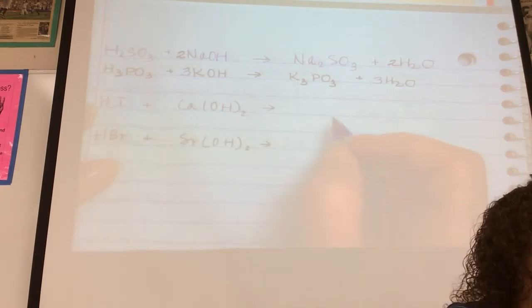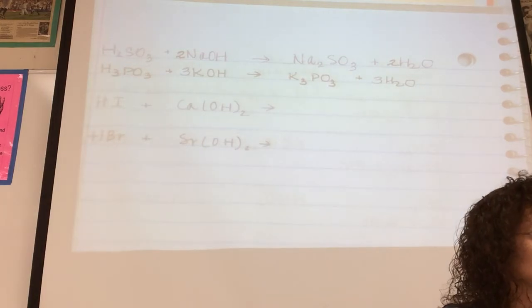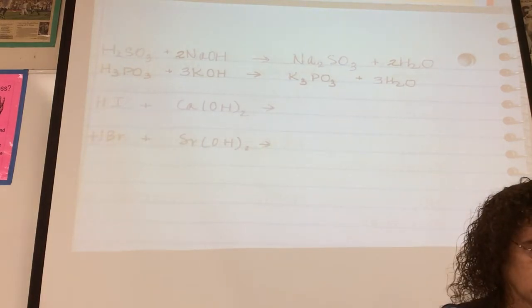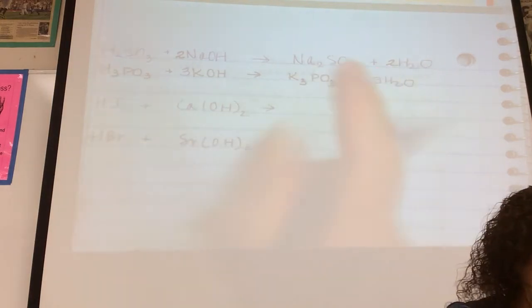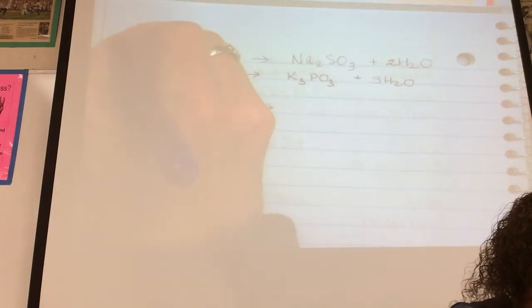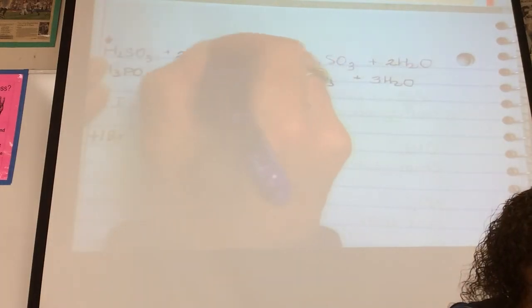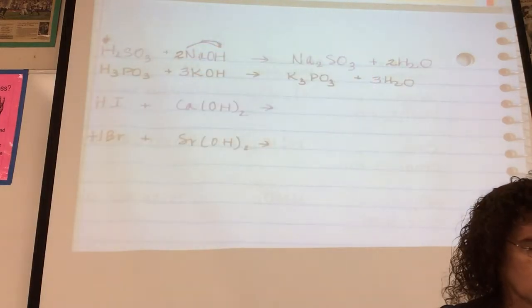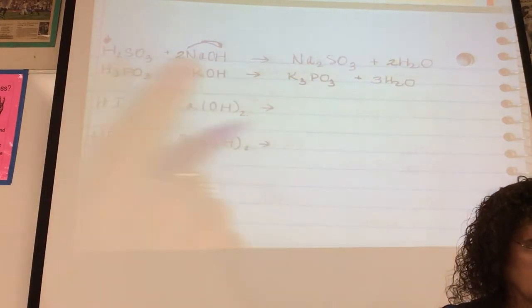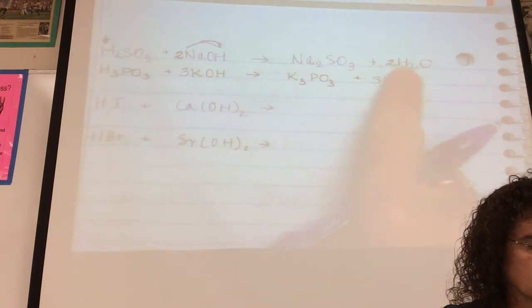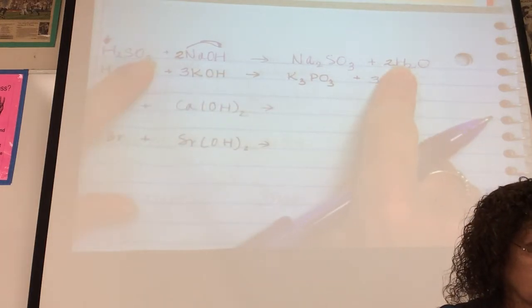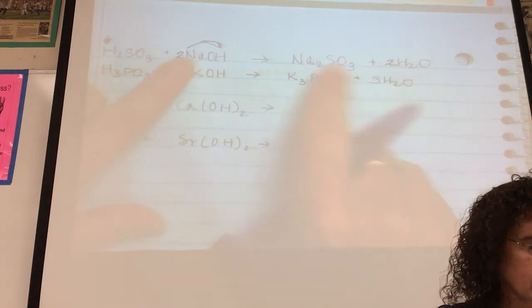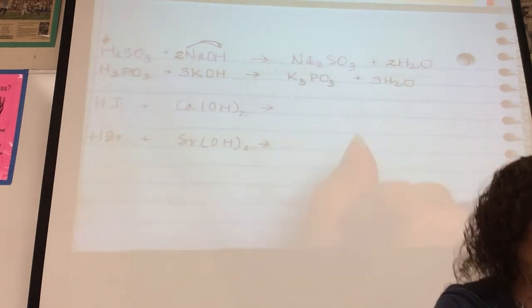Can you tell me how you got the 2 in front of the H2O? I've got 2 H's and 2 more. That makes 4 H's. So I needed 2. 2 times 2 is 4. And you put the 2 in front of the NaOH to balance it. Yes.